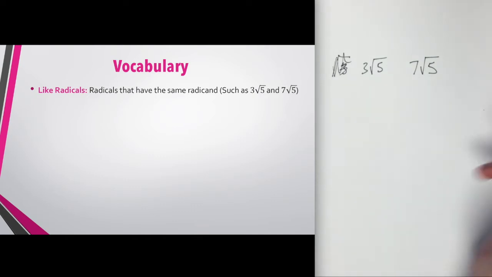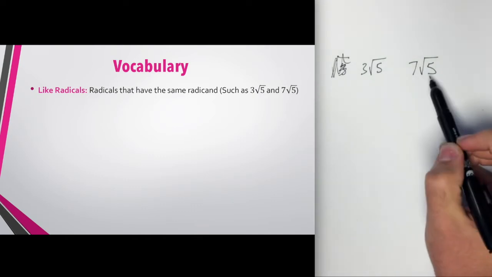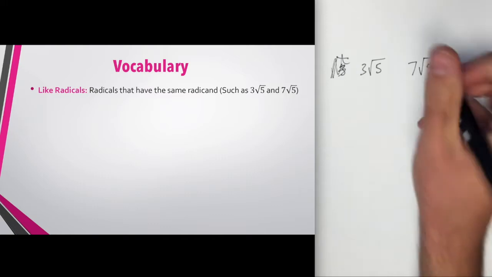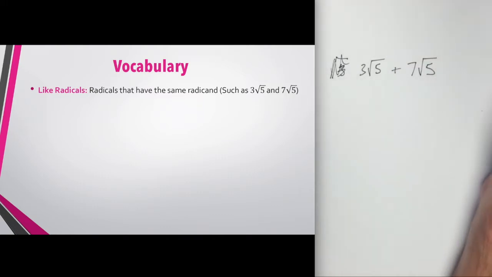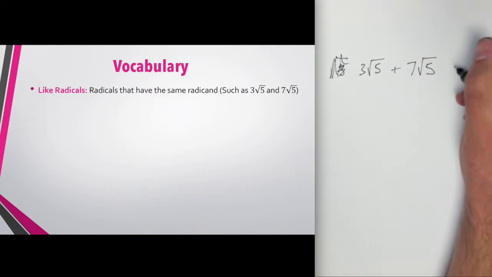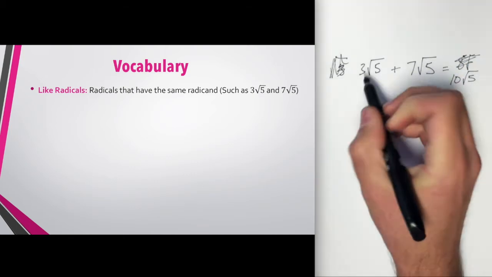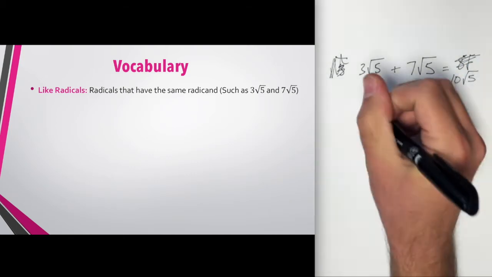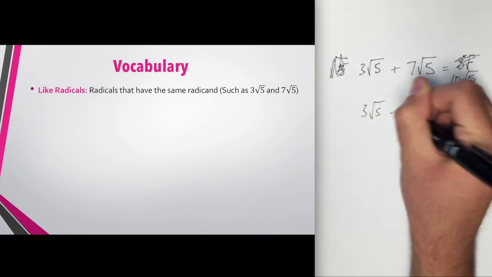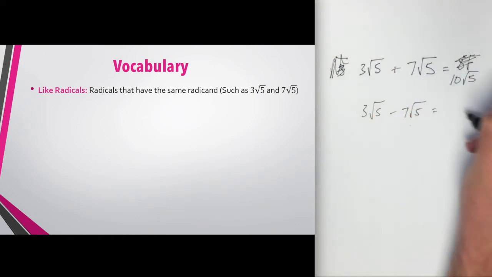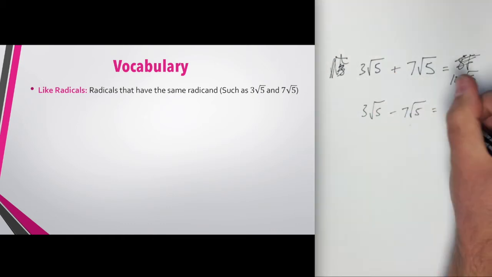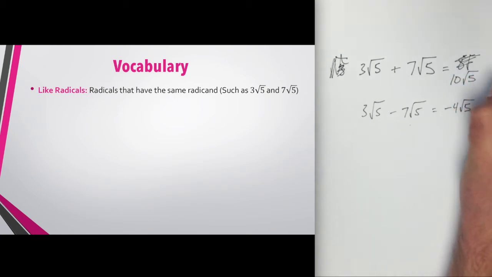You can see that the 5, that's the radicand, is the same. So if I wanted to, I could add these together. 3 plus 7 makes 10 square roots of 5. I could also subtract them, and I would get 3 minus 7 is negative 4 square roots of 5.